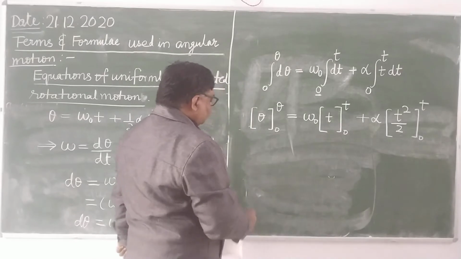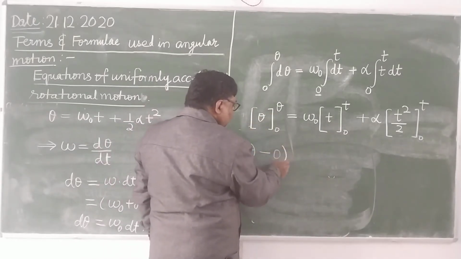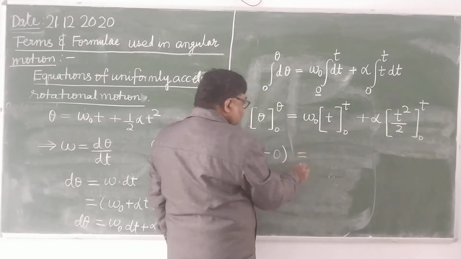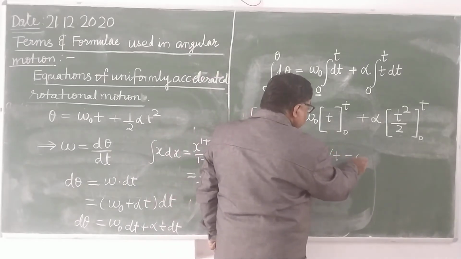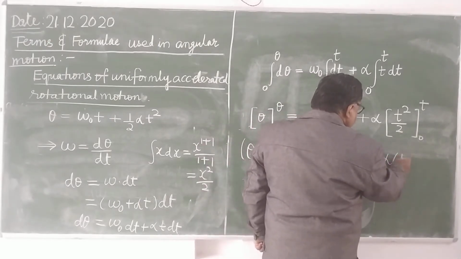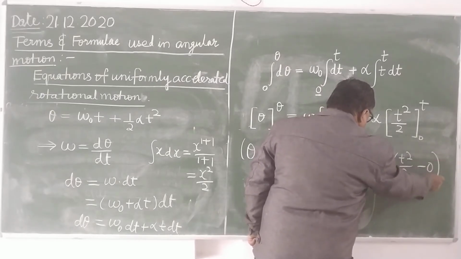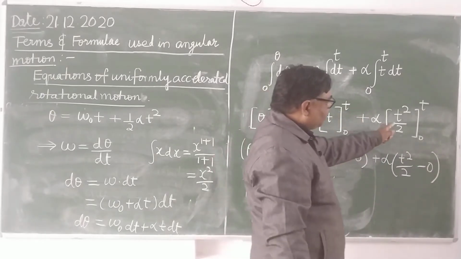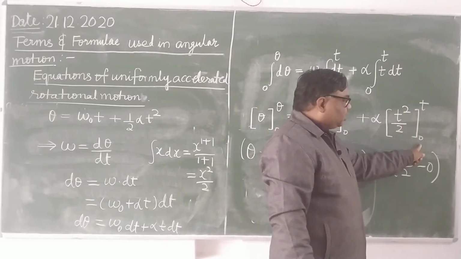So what will this be? When you substitute the limit, theta minus 0 equals omega naught into t minus 0 plus alpha t square upon 2 minus 0, because we take its value when time t equals t and its value when time t equals 0.